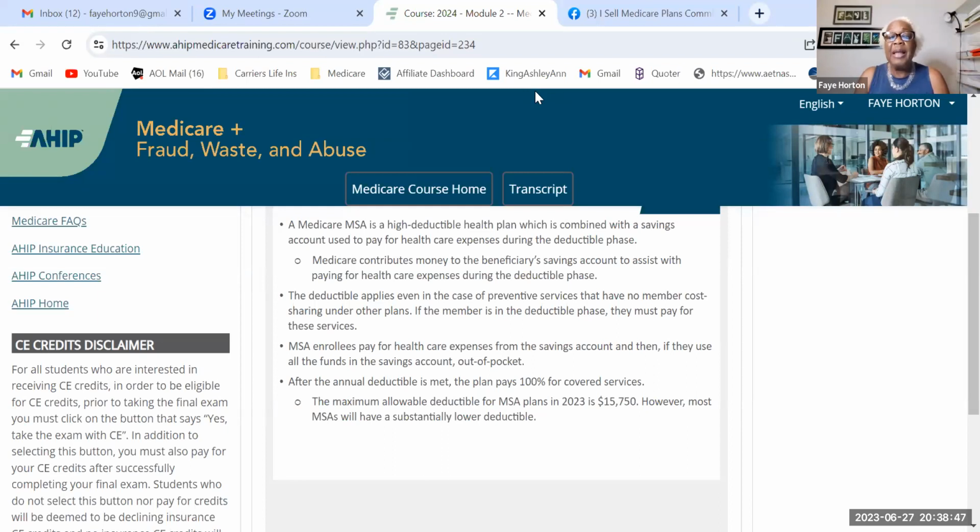The deductible applies even in the case of preventive services that have no member cost sharing under other plans. If the member is in the deductible phase, they must pay for those services. The Medicare savings account enrollees pay for healthcare expenses from the savings account.